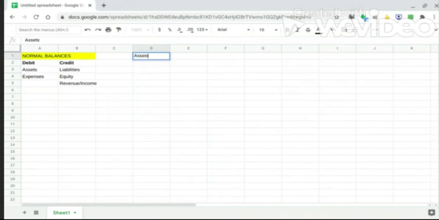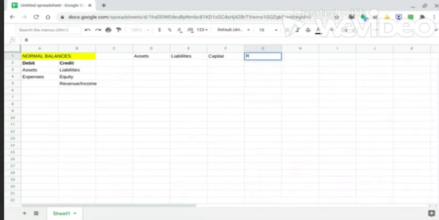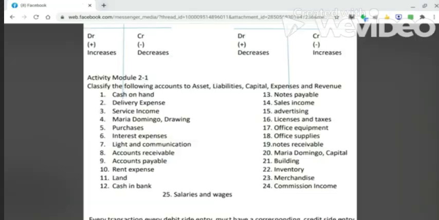Sige, lagyan na natin ng assets, liabilities, capital, or the equity, revenue, and expenses. So, ilagay natin si cash on hand under assets. Okay, next, number 2. Delivery expense.